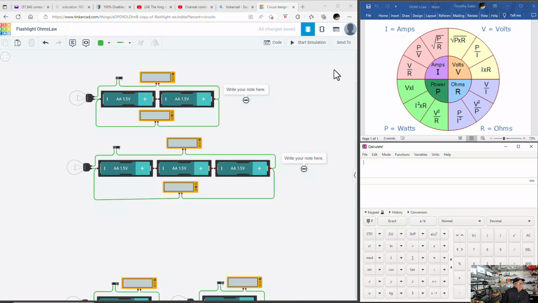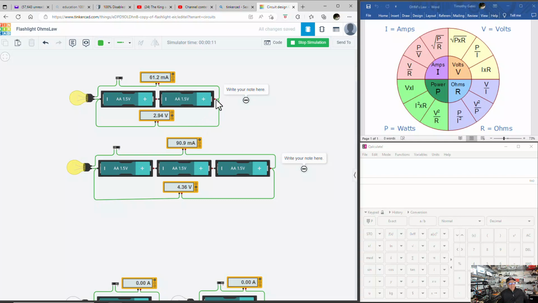So let's try something. I'm going to start a simulation, and across, you could say across the batteries, I have 2.94 volts, okay? And it results in 61.2 milliamps. Now, milli is 1 thousandths.